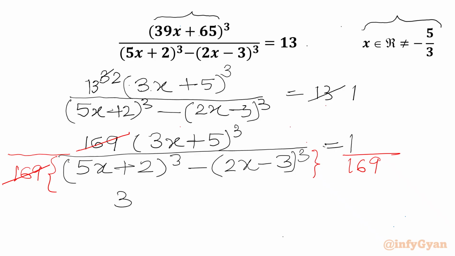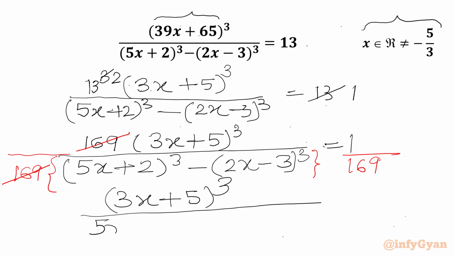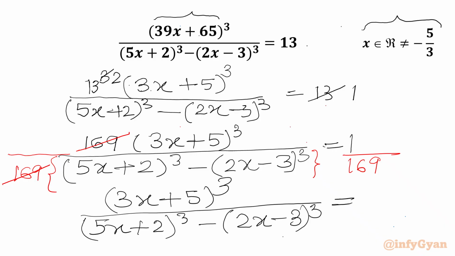So we can write our equation (3x plus 5) whole cube over (5x plus 2) whole cube minus (2x minus 3) whole cube. This is equal to 1 over 169.